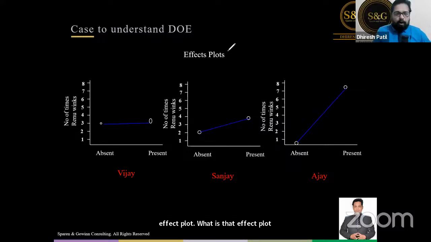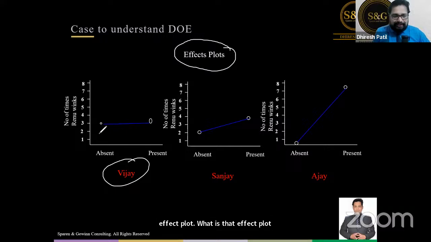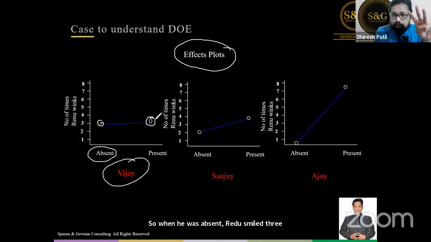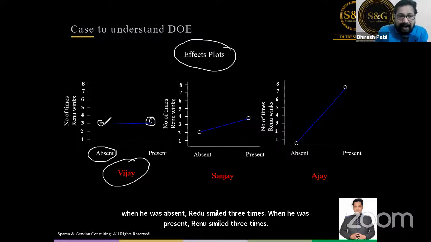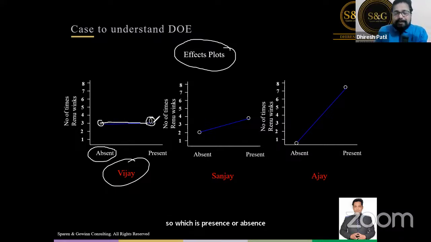We have taken Vijay's data: how many times Vijay was absent, and how many times Sia smiled. When he was absent, Sia smiled 3 times. When he was present, Sia smiled 3 times. So Vijay's presence or absence didn't have any kind of impact on Sia's smile.